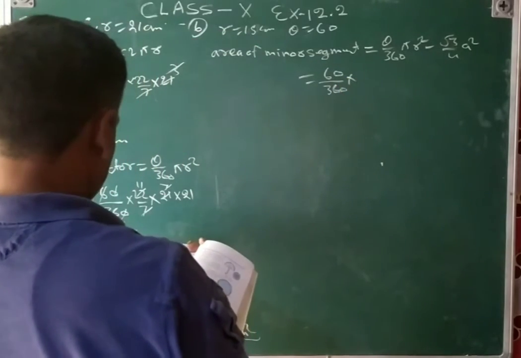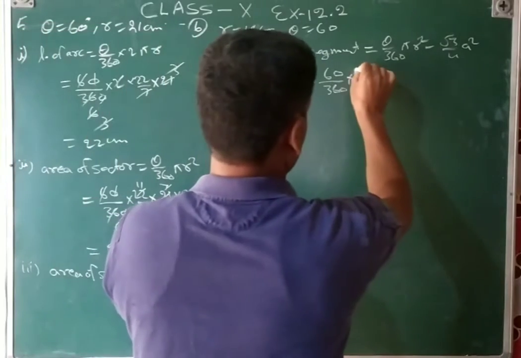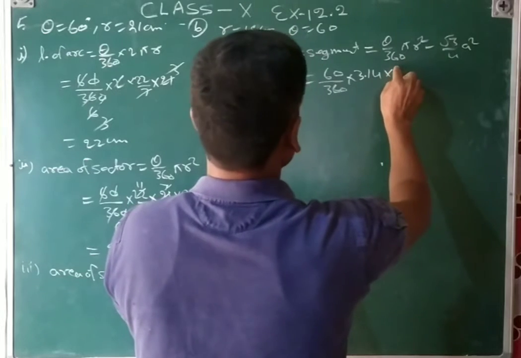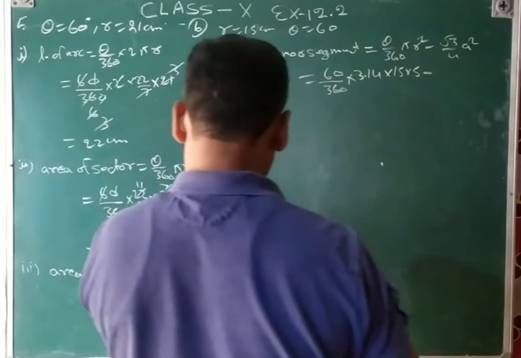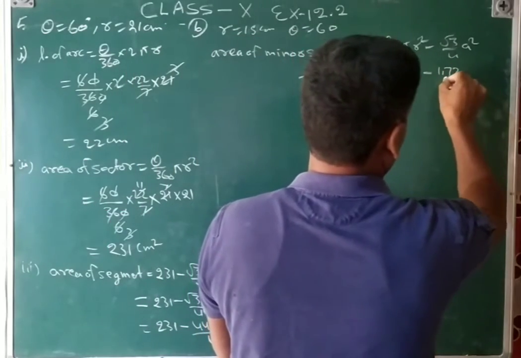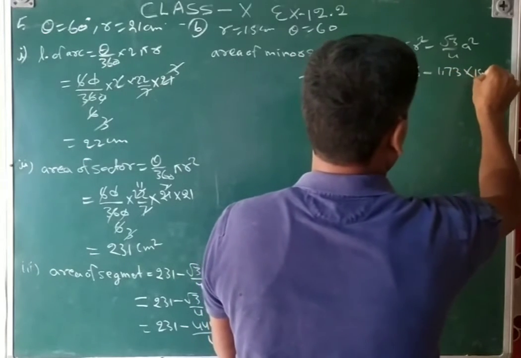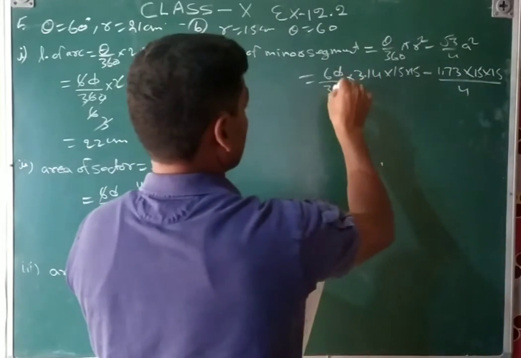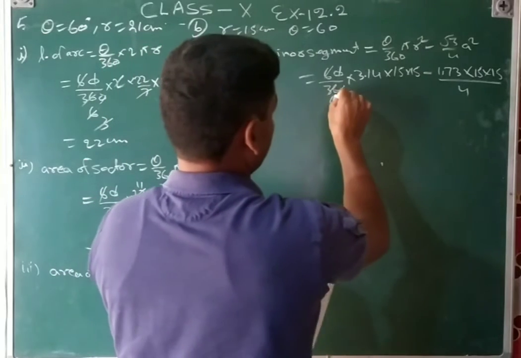Question number 6, pi value is given, that is 3.14 into that r is 15 into 15 minus under root 3 value is also given 1.73 into, that will be 15 into 15 upon 4. 6 6 6 36.